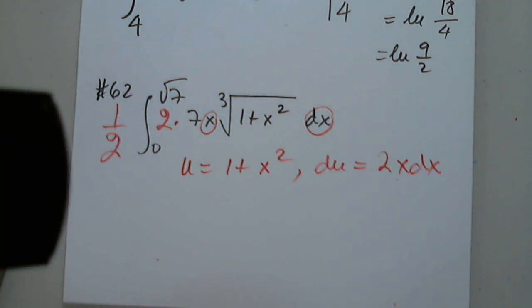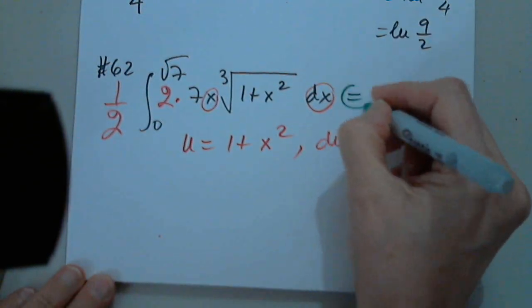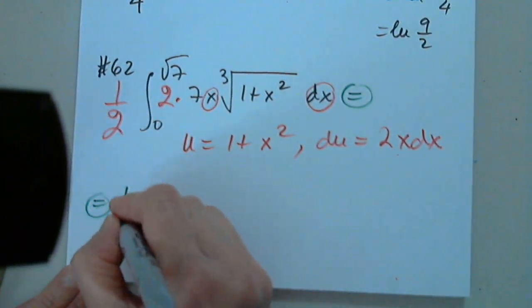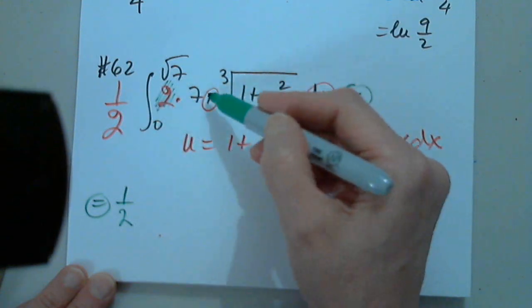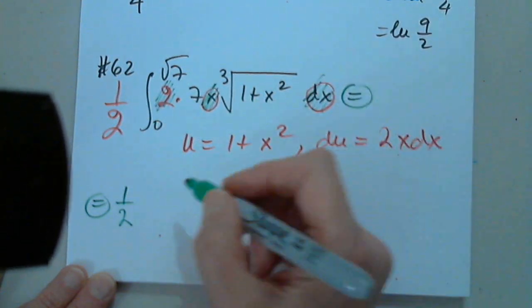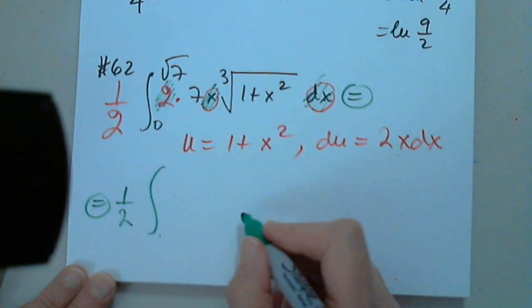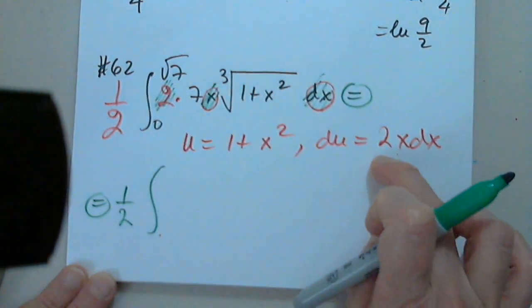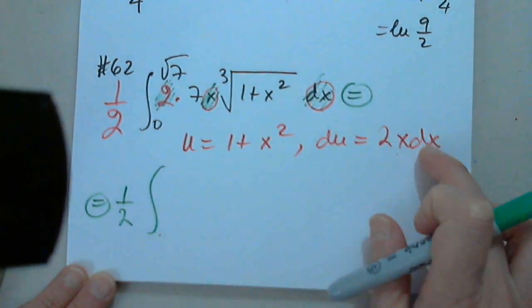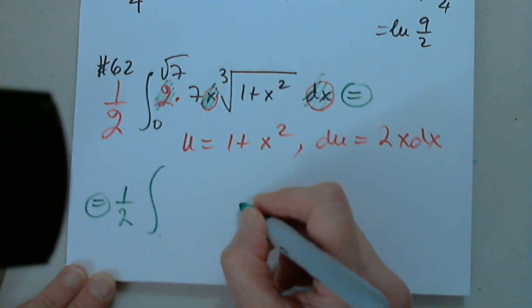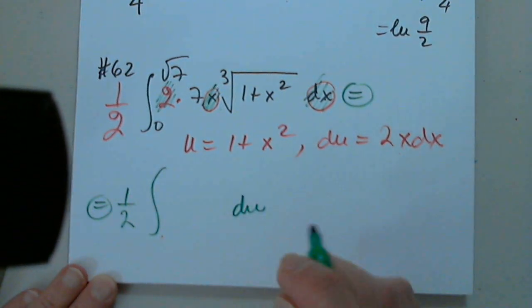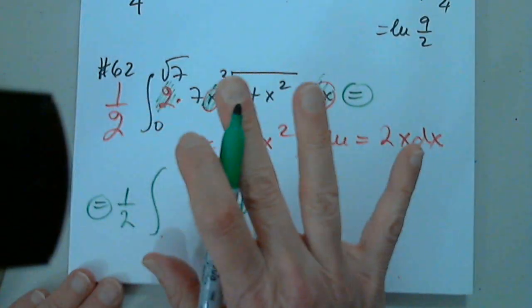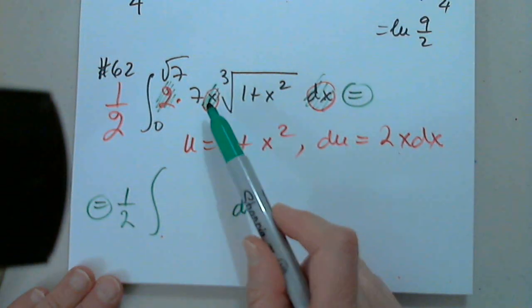Okay, now let's see what we have. 1/2 stays outside. This 2 with this x and with this dx, what do I write instead of 2x dx? du. Awesome. Good. Don't write the limits of integration yet. Now I have a 7.